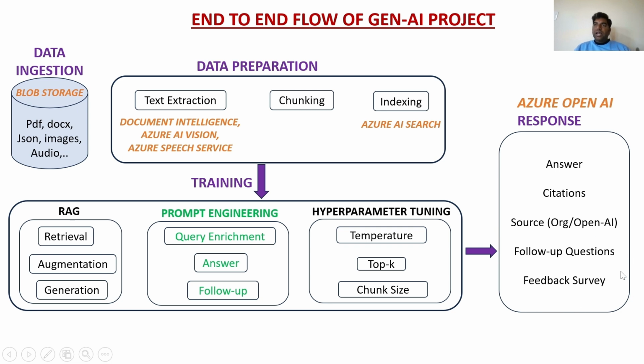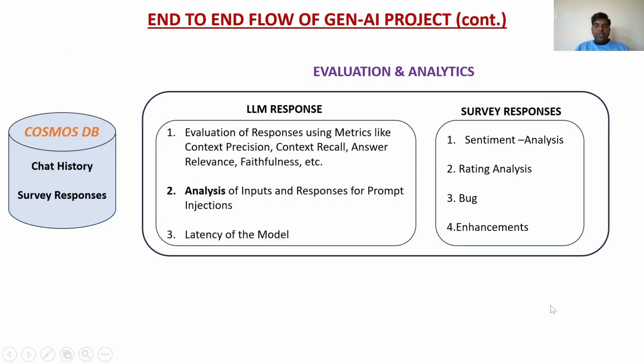Feedback survey is like once the answer is given, we want to know if the user is satisfied with that or not. So that way we will be asking the user for the feedback survey as well. Next comes the evaluation. Now we have got the responses. So once we got the response, we will be storing the chat history. Chat history is nothing but the user input and the responses of the chatbot, the LLM response, and the survey response.